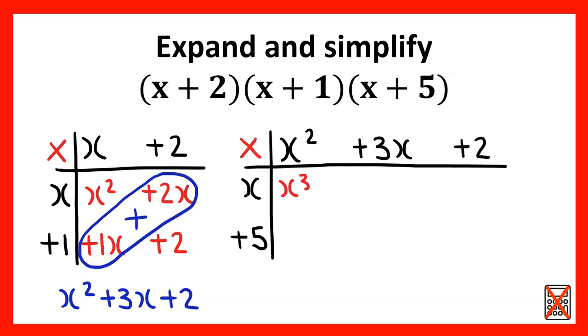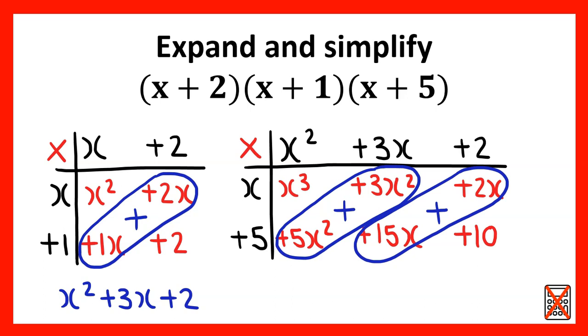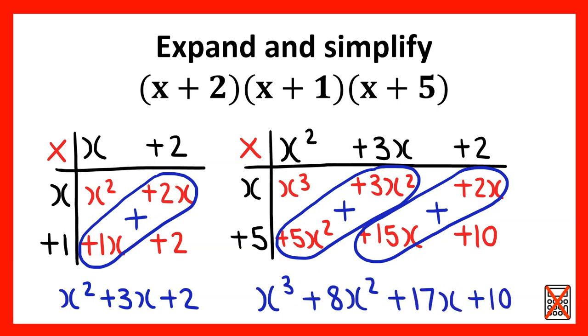Multiplying will give me x cubed plus 3x squared plus 2x plus 5x squared plus 15x plus 10. I'll be able to collect like terms by collecting the x squared terms together and also collecting the x terms together, leaving me with a final answer of x cubed plus 8x squared plus 17x plus 10.